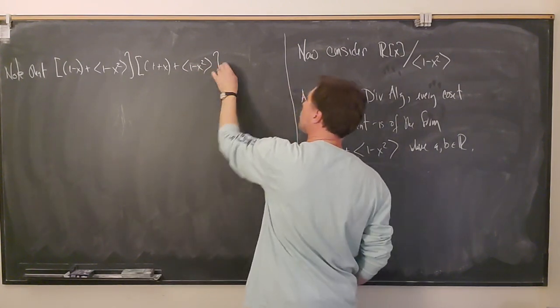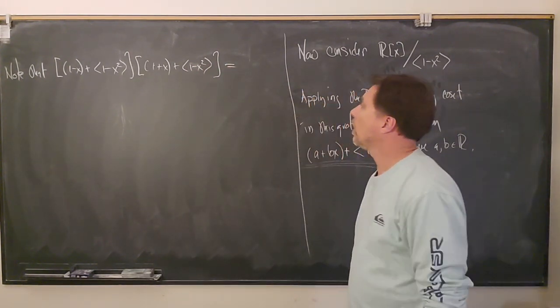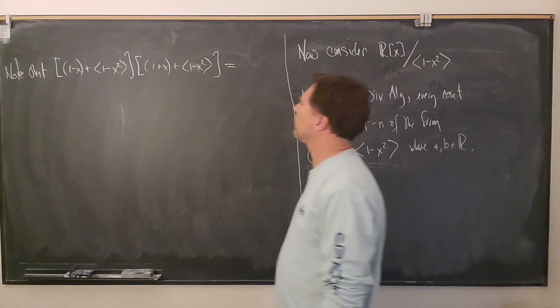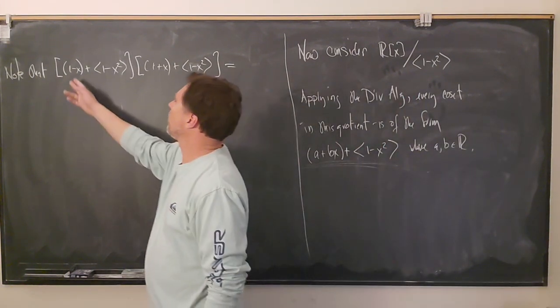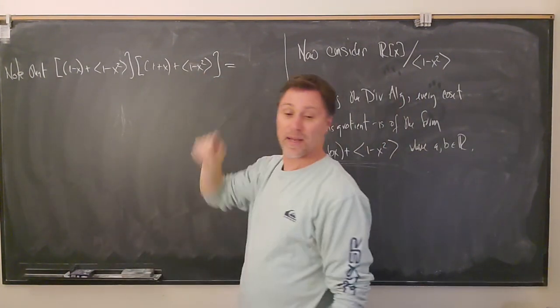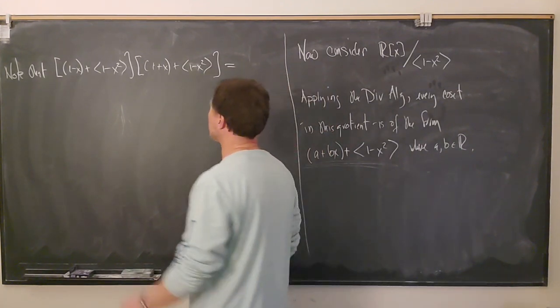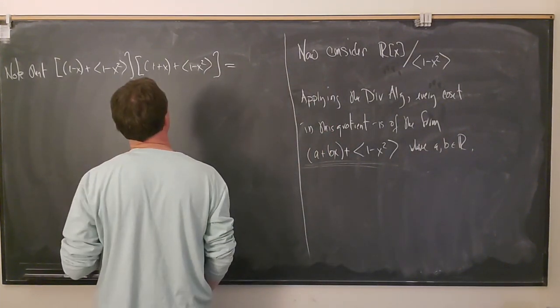If we multiplied this out, we'd get 1 minus x times 1 plus x, that's 1 minus x squared.